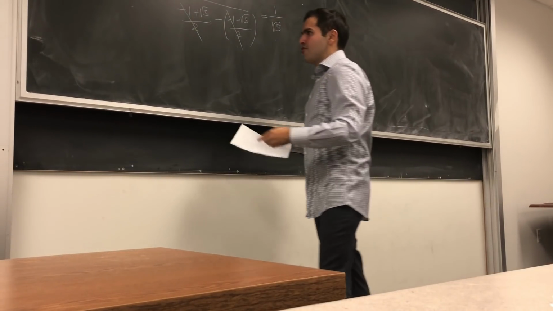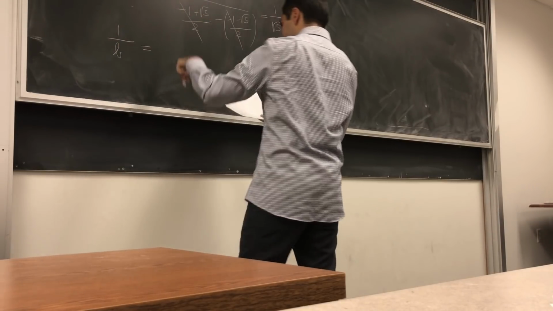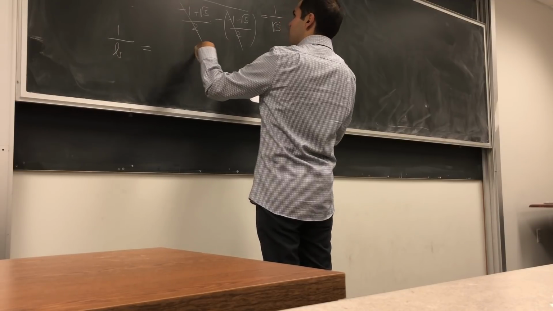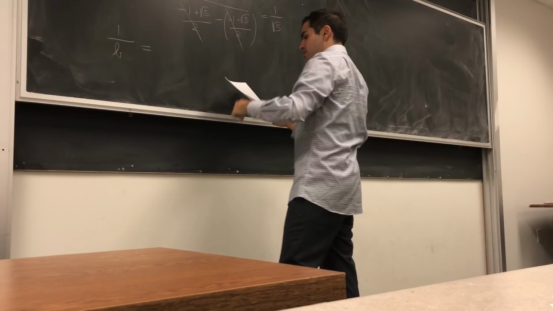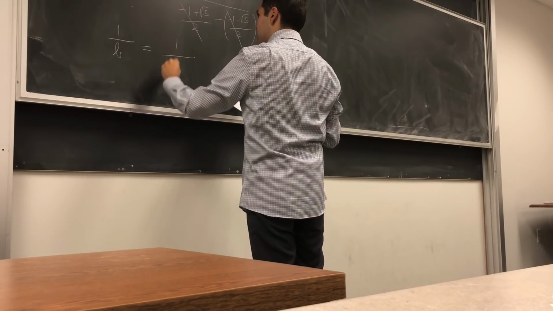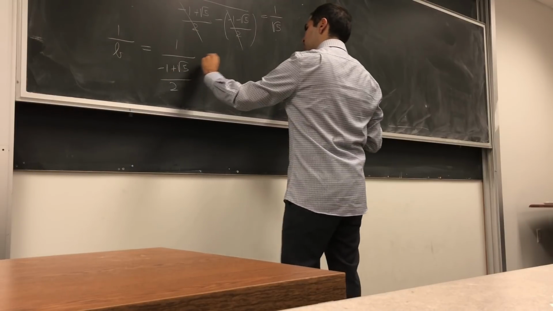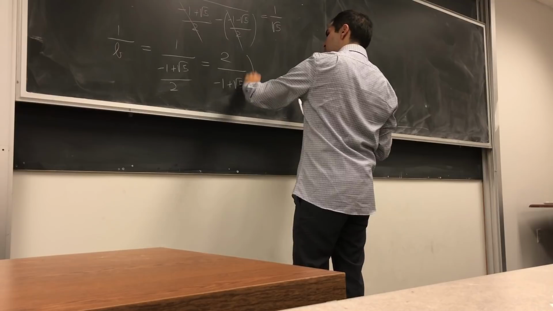And similar for b, 1 over b. So 1 over b, b is 1 over minus 1 plus square root of 5 over 2, and it's 2 over minus 1 plus square root of 5.